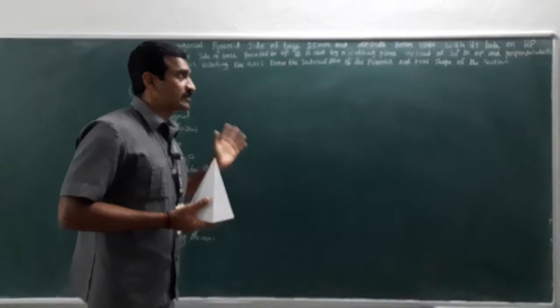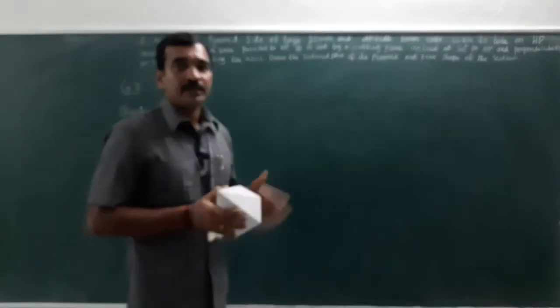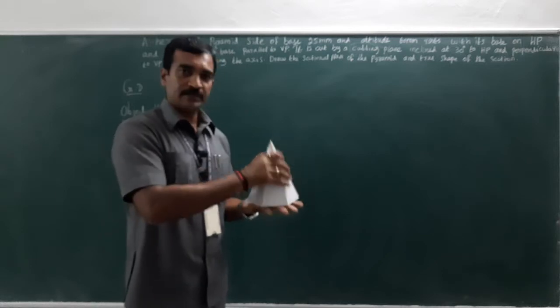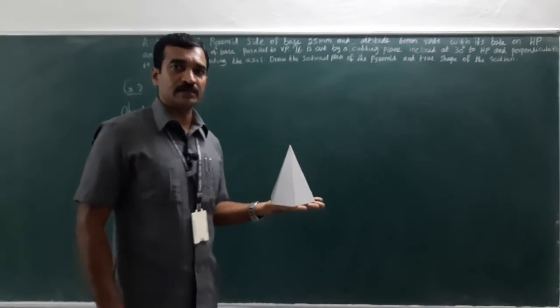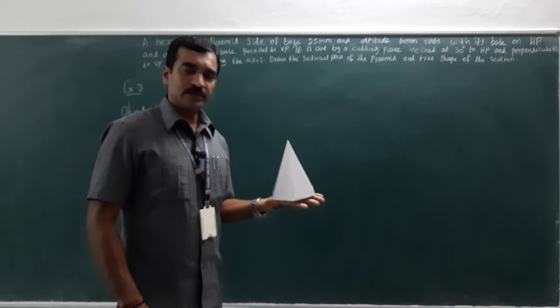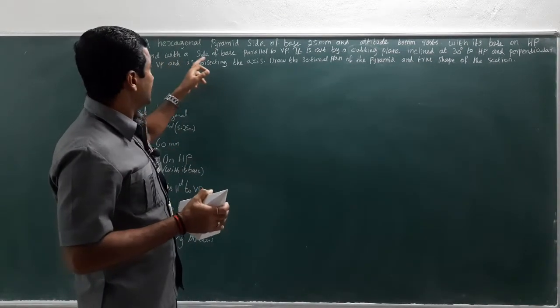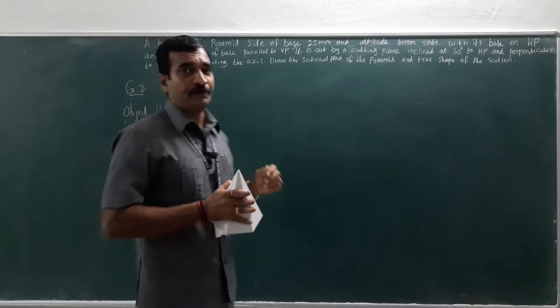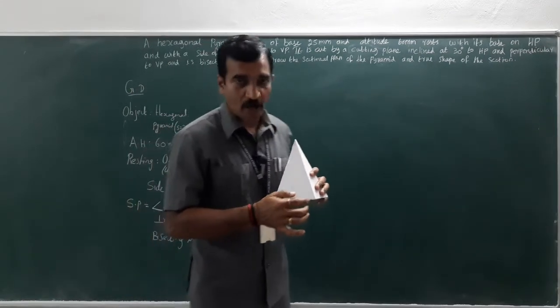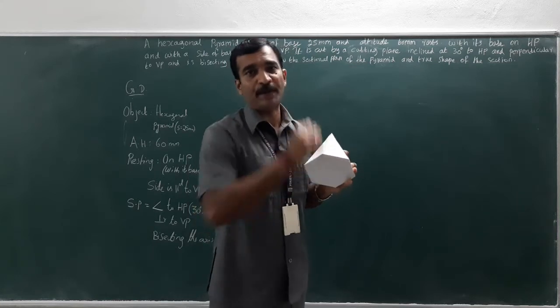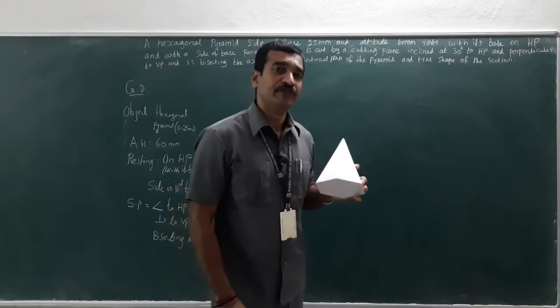So as far as this question is concerned, this particular pyramid, that is a hexagonal pyramid, is resting on HP. So assume my hand is a horizontal plane. This is how it is resting, but resting with a side of the base parallel to VP. This is side or edge, which should be parallel to VP.